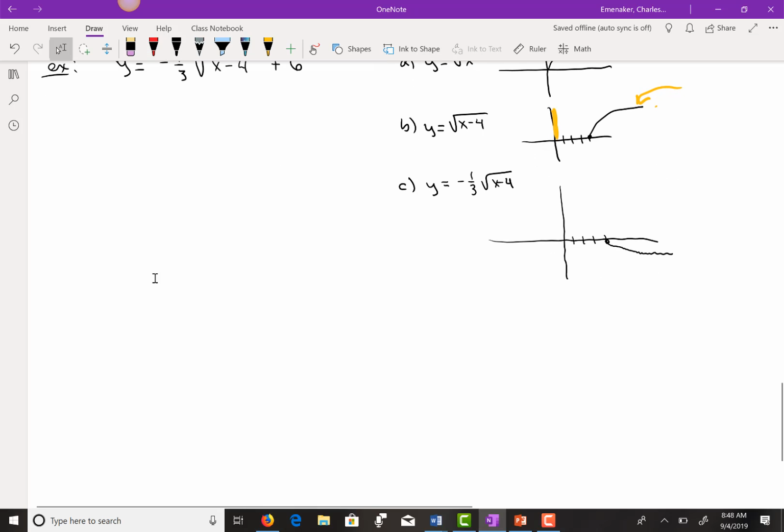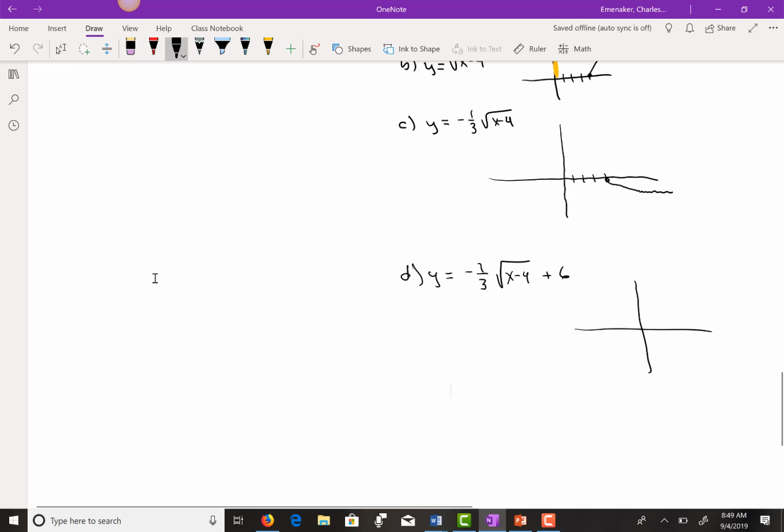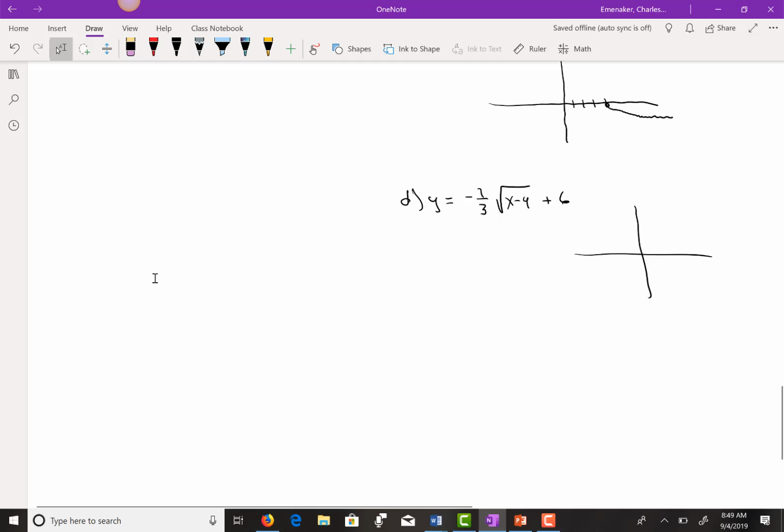One last thing to do. See the +6? We have y equals negative 1/3 square root of x minus 4, plus 6. What's the +6 going to do to every single value on that graph? Go move it up 6, isn't it? So you grab the whole graph and you move it up 6 units.